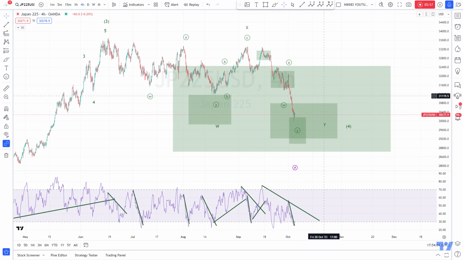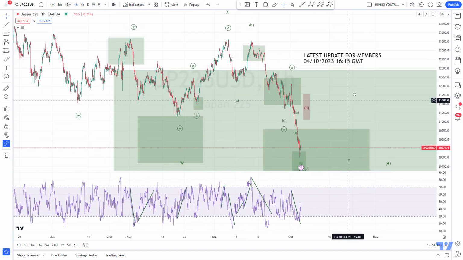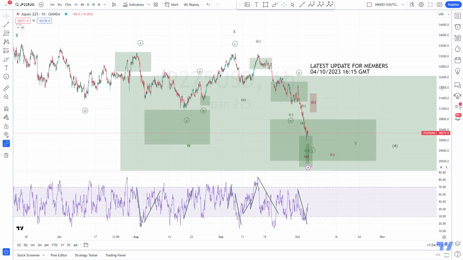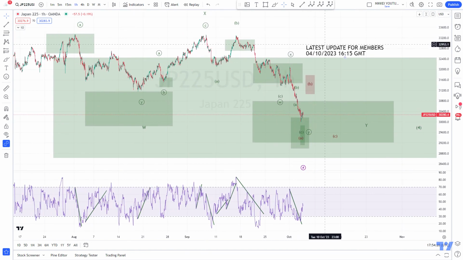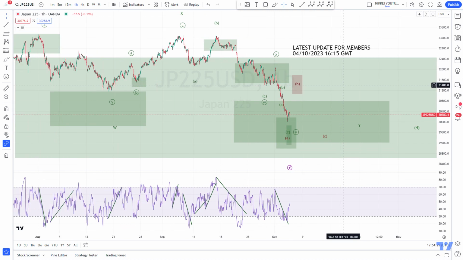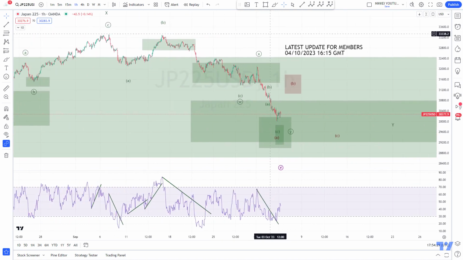Then if we look at the 1 hour, I did an attempt to analyze this leg here in more detail, and as you can see, there are two scenarios on my chart, and to be honest, I do not really favor one over the other.